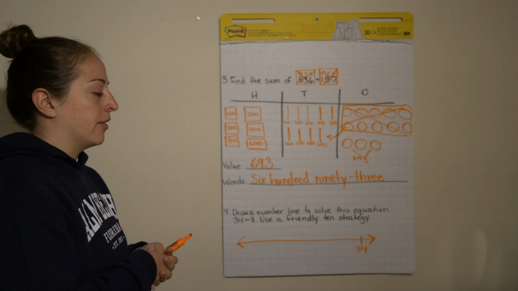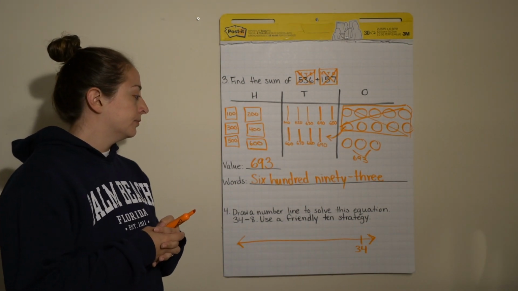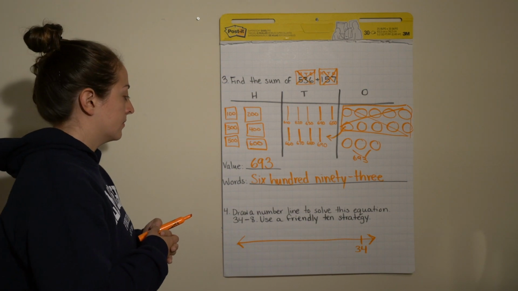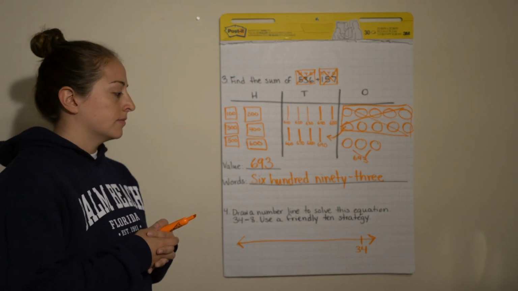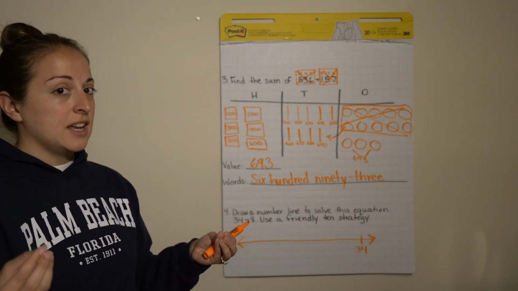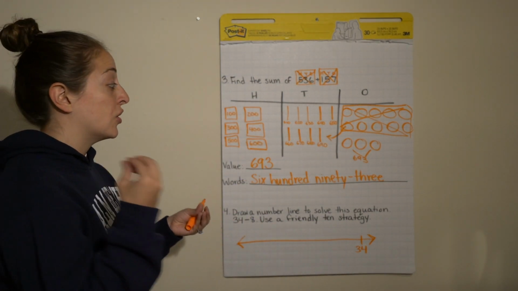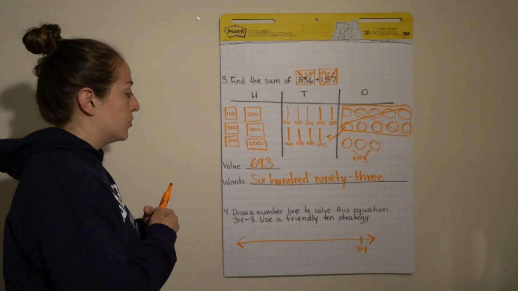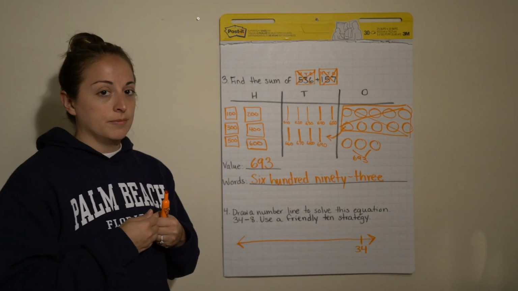Take a moment to figure that out. If you got the answer 30, you are correct because 30 has a 0 in the ones place. If you're counting down, that's the closest friendly 10 to 34.